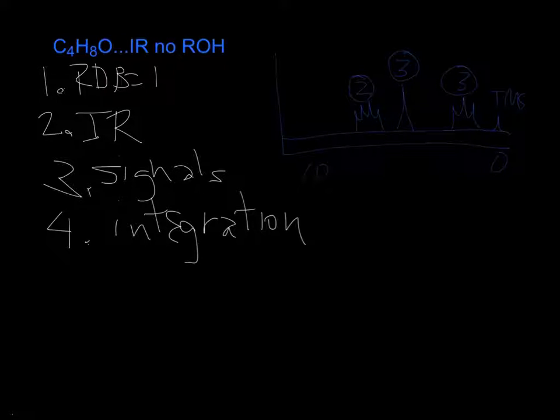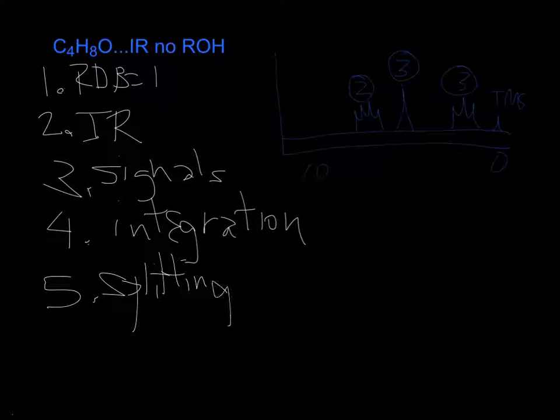Okay? And then finally we have this whole idea of the splitting, which the technical term for is multiplicity. And it's the one that is the most difficult to explain. That's where we go back to the whole idea of the j+1 rule. What was j?